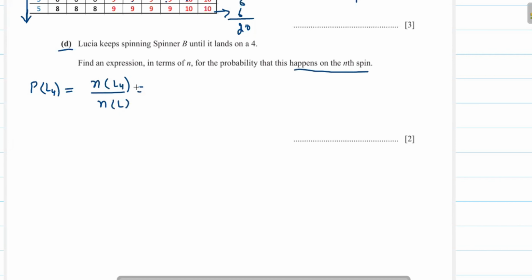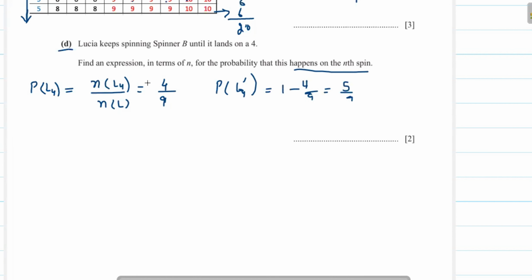You see here the number of landing 4 is 4 times, total landing here is 9, and the probability of not landing 4, which we represent as L dash, will be equal to 1 minus 4 over 9, which is 5 over 9.